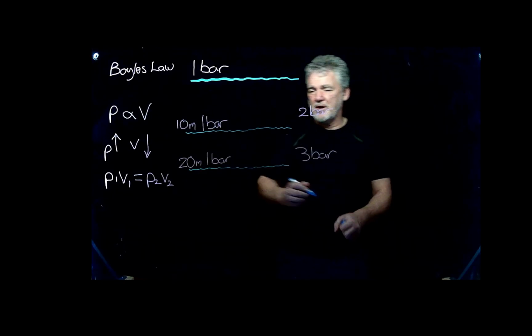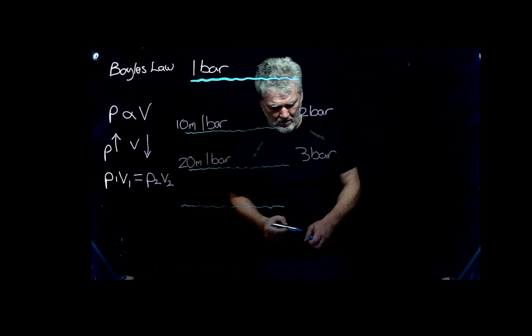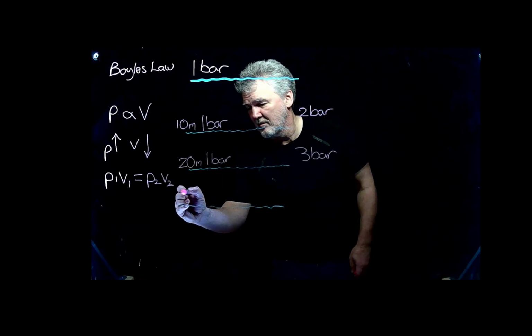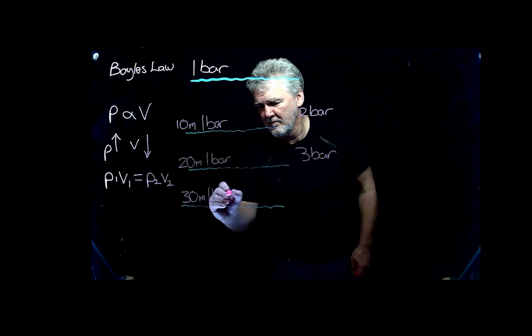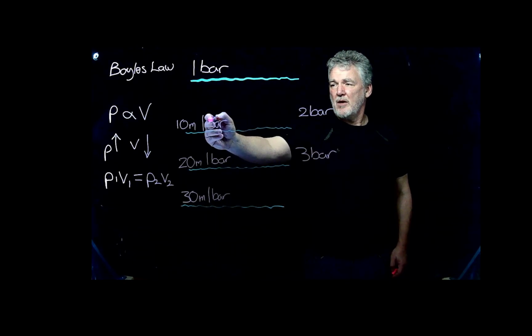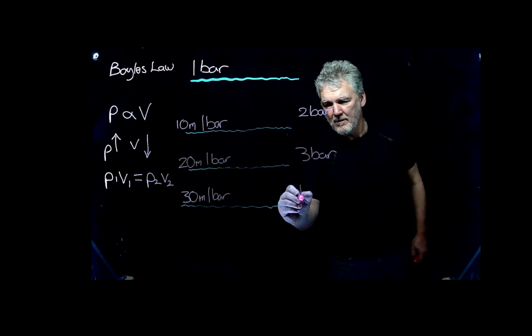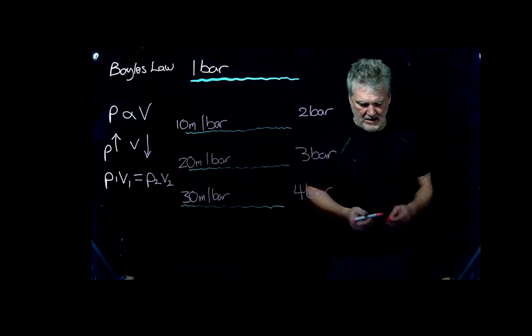And finally, we're going to go down another 10 meters. We're going to go down to 30 meters, and we're now going to have an additional 1 bar of pressure. So total, 1 bar from the surface, another bar, 1 bar, 1 bar, so a total of 4 bar of pressure that we now have as we've gone underwater.